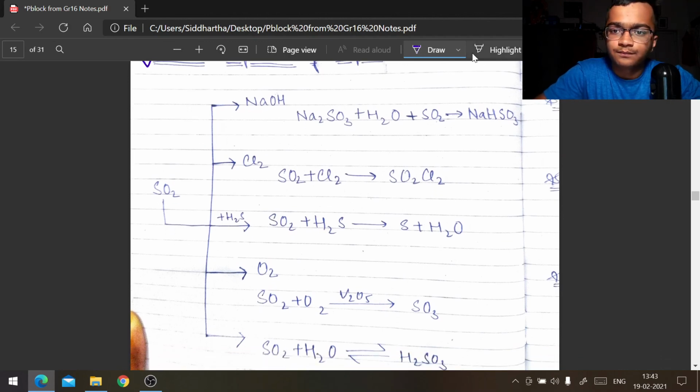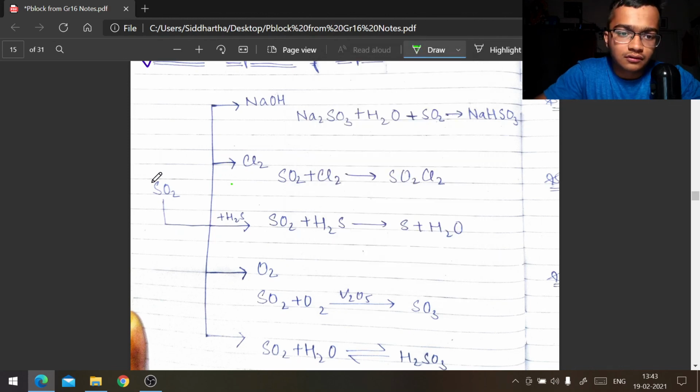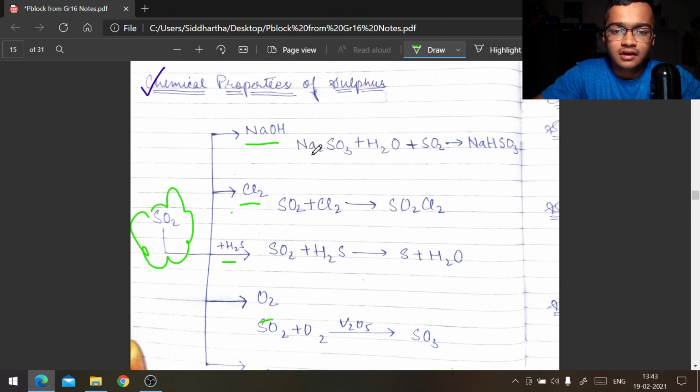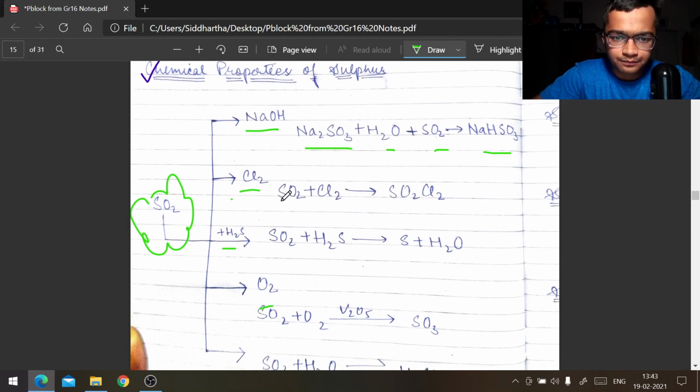Let's change the color of the pen to green. Now this is my sulfur dioxide. When sulfur dioxide reacts with NaOH, you get Na2SO3 plus H2O, and further NaHSO3, which is sodium bisulfite.